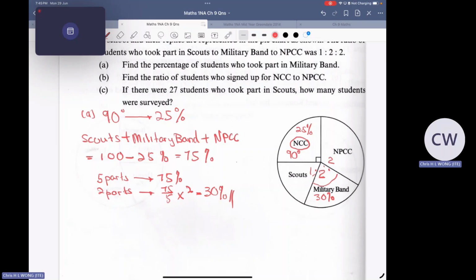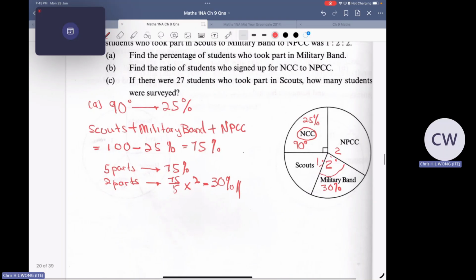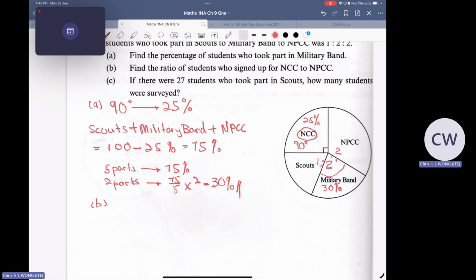So what do I have? I have 30% here. If this is 30%, this is also 30%. The percentage and percentage, I can form a ratio already. So for B, NPCC with two parts is also 30%.